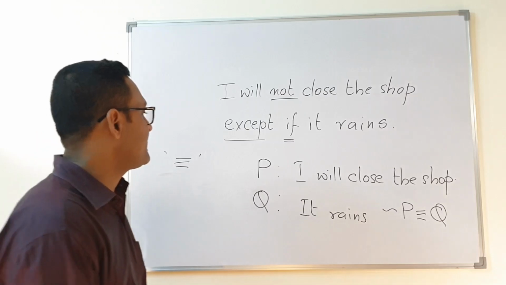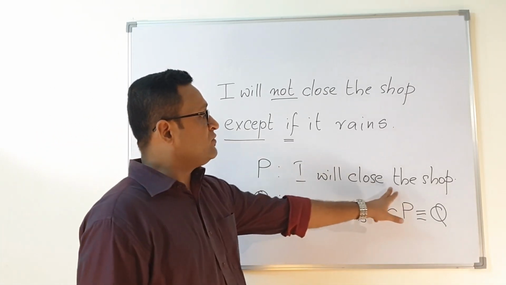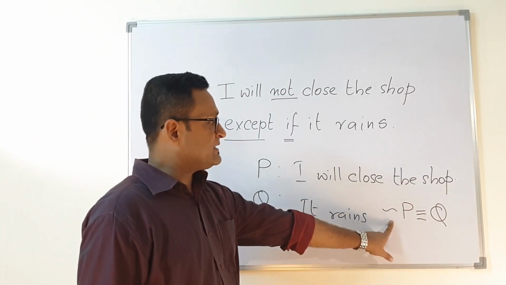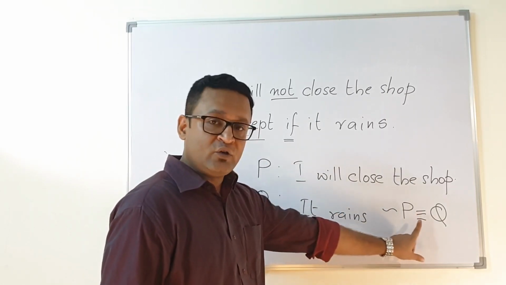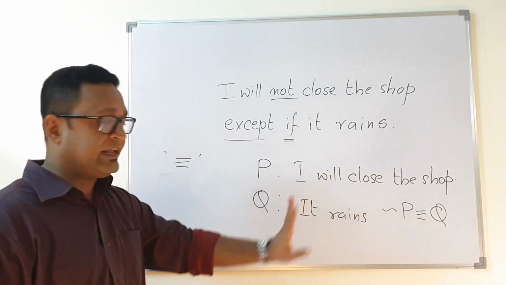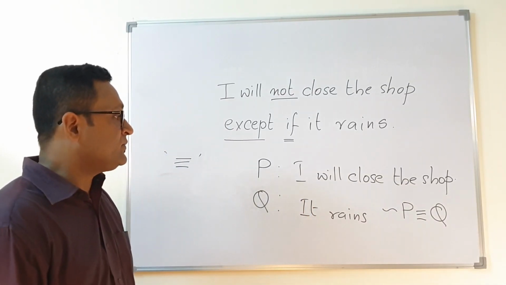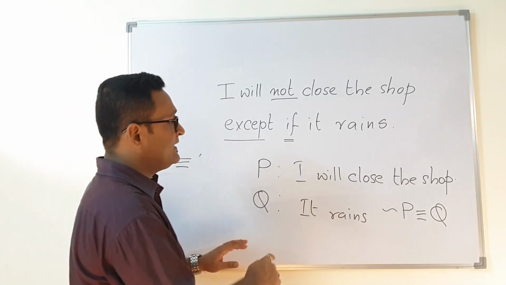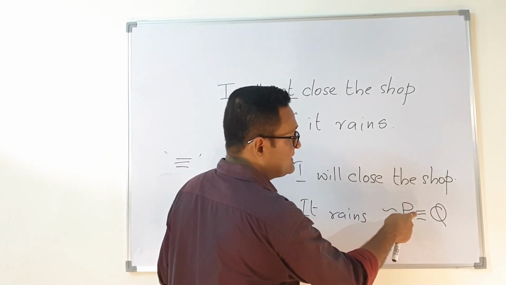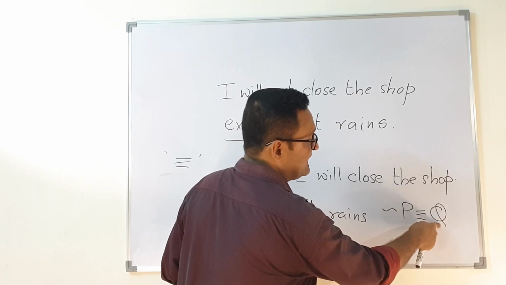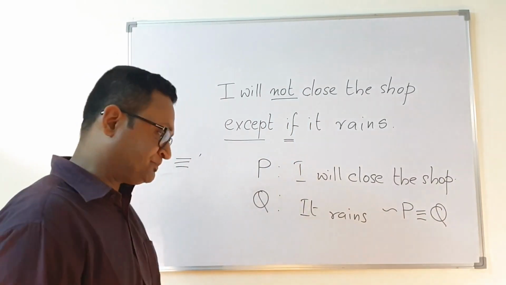So what it says, I will close the shop. Here it says I will not close the shop, equivalence, it rains. So it is saying that I will not close the shop is equivalent to it is raining, right?